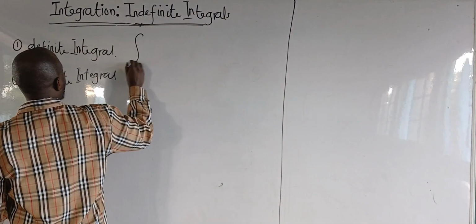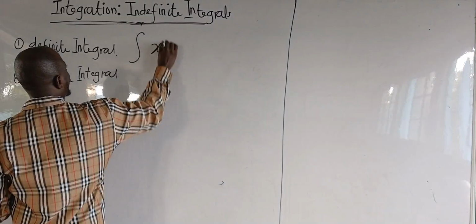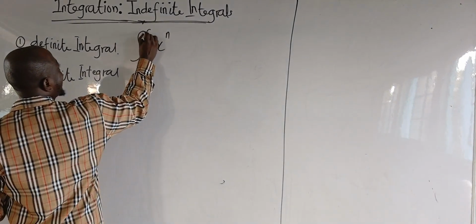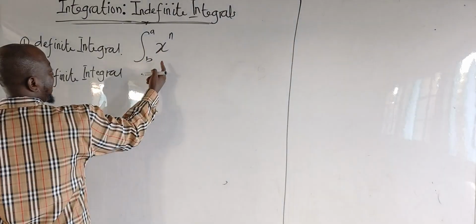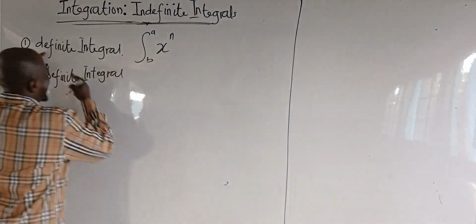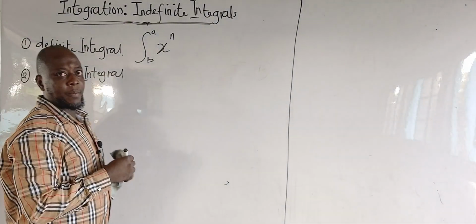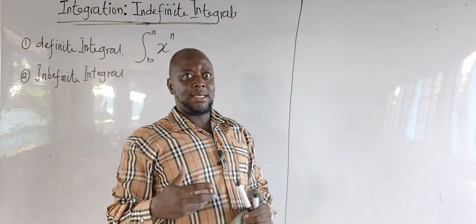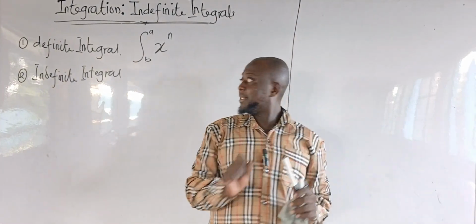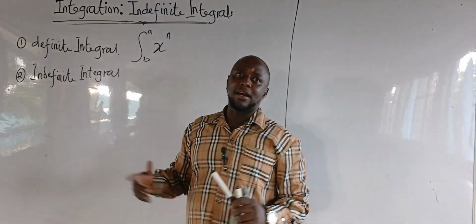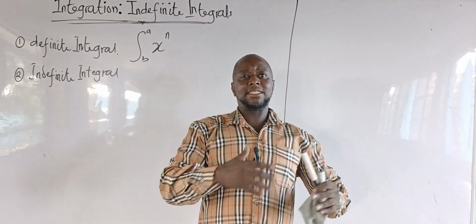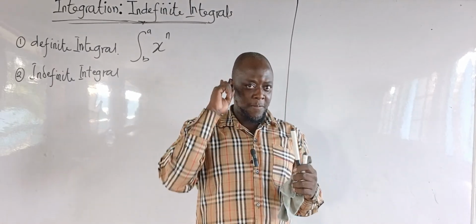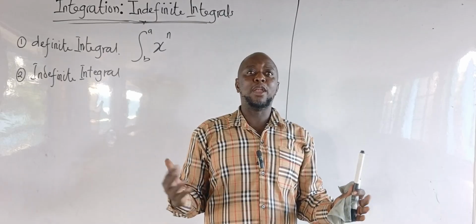So look at this. If I have x raised to the power of n, and I have numbers added to this integral sign, this becomes a definite integral because we know the numbers. It becomes a definite thing. But indefinite integral is simply this type of integral sign without upper and lower limit.